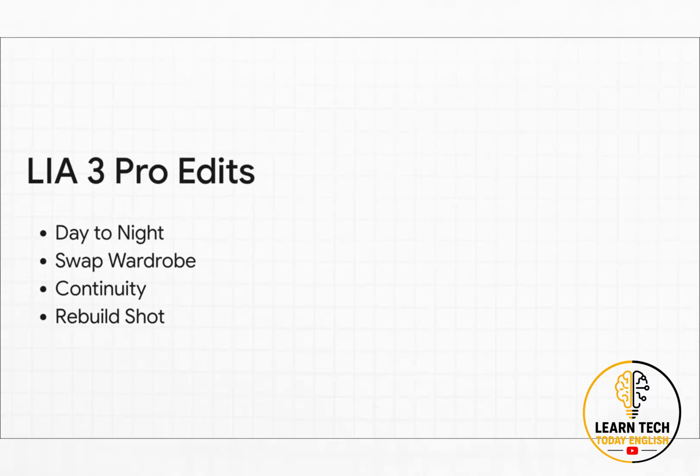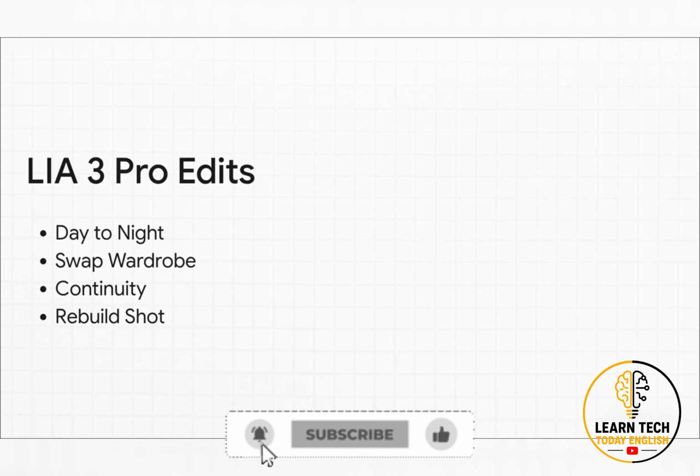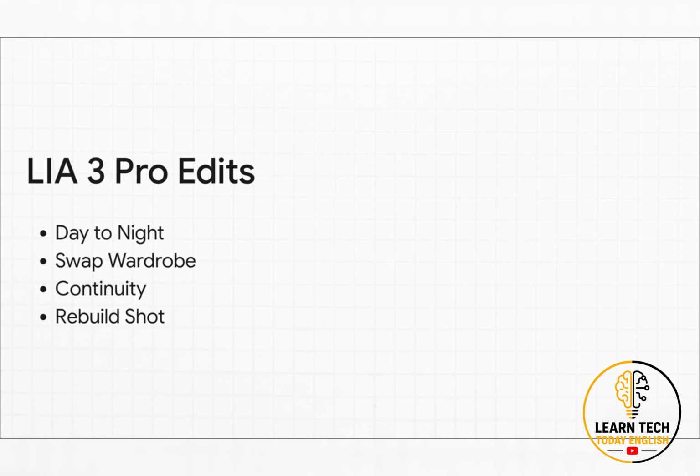And this solves a massive historical pain point in AI video: visual continuity across cuts. The AI actually keeps the exact same character visually consistent even as the camera angle changes. And if a take just really didn't work out at all, you've got complete shot rebuilding. You can reimagine the shot entirely without throwing the whole project in the trash.